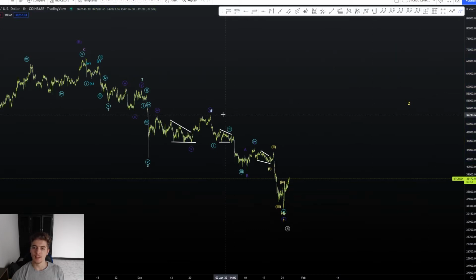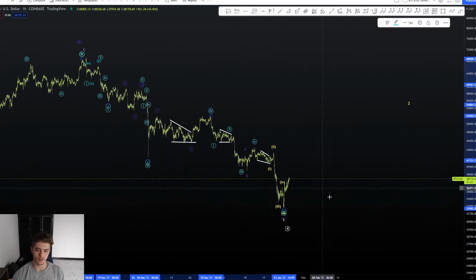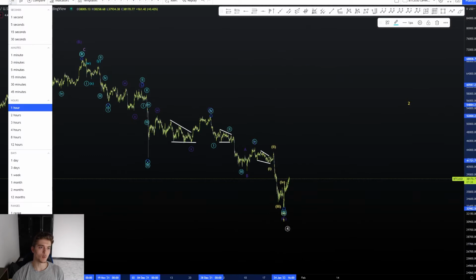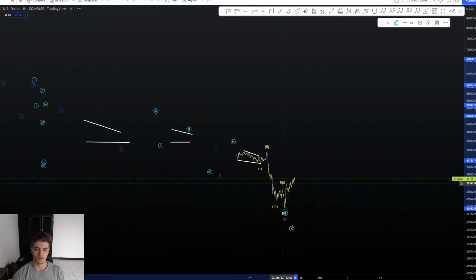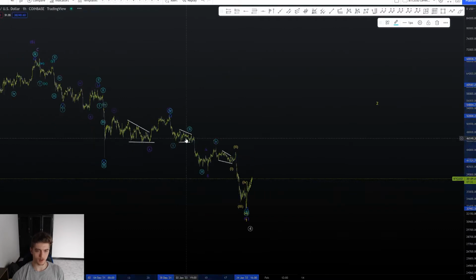The other possibility is that this could all be the completion of a minor wave 1 down here. So instead of these all being a minor degree, these could all be a minute degree. And this could actually all be the completion of a minor wave 1 here of the wave C of the expanded flat. So let's zoom out a little bit more. Let's go back.